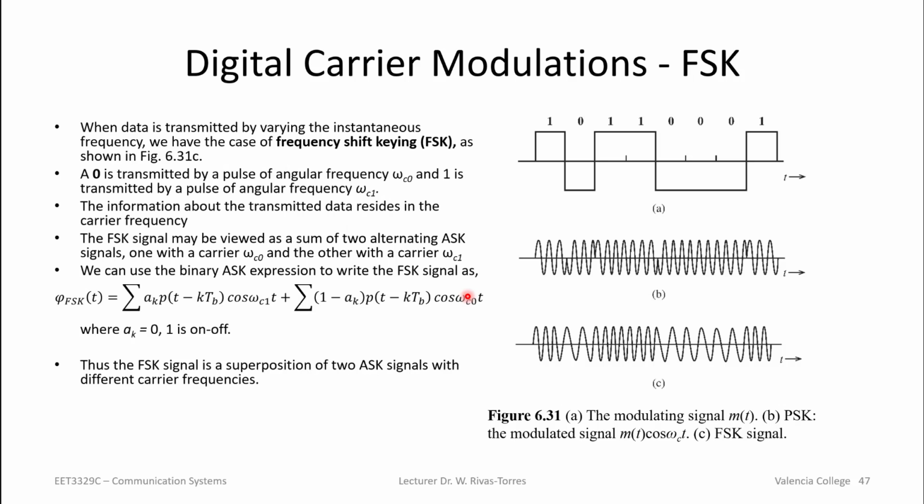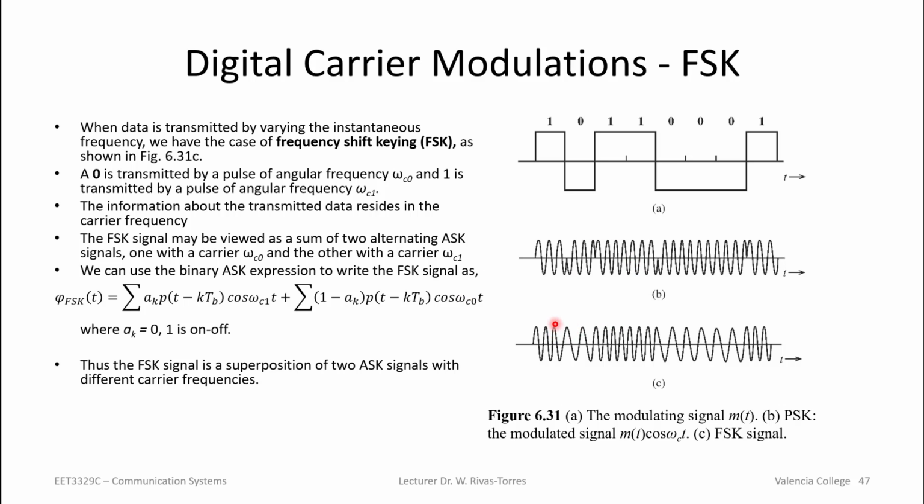Our third digital carrier modulation is known as FSK. When the data is transmitted by varying the instantaneous frequency, this is what we call frequency shift keying, or FSK, and that's what's shown in figure C here.